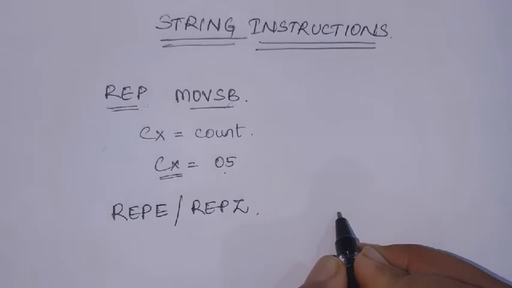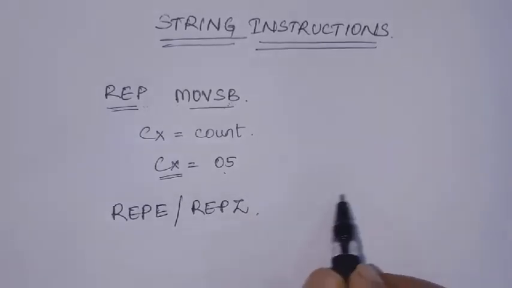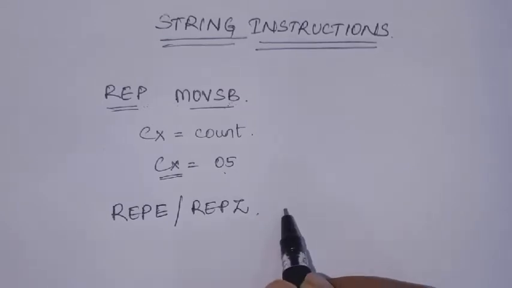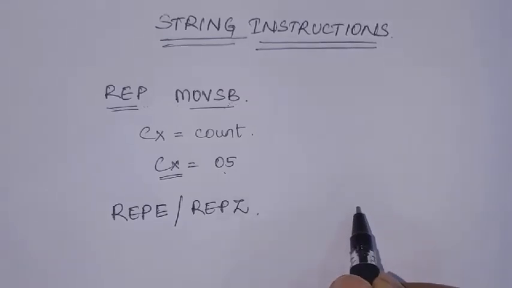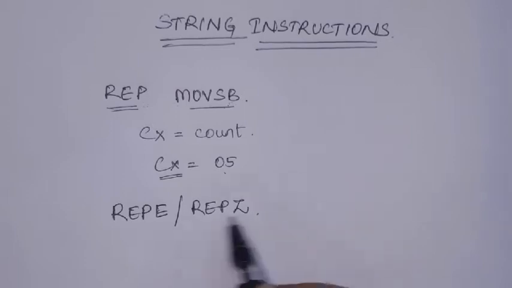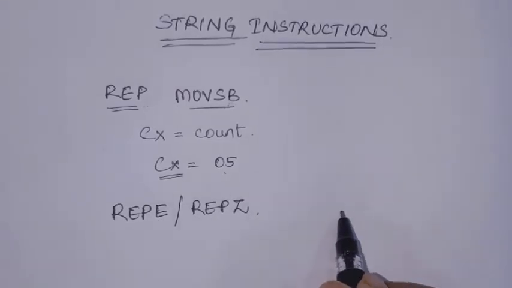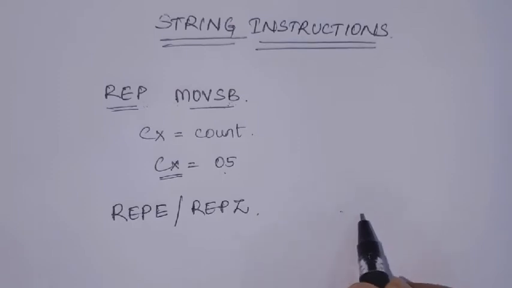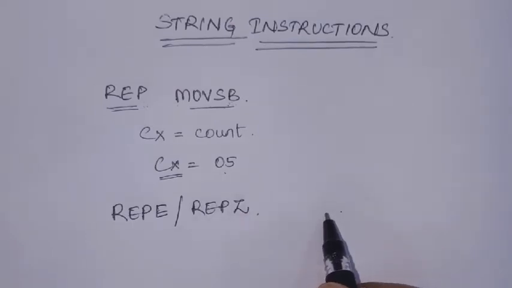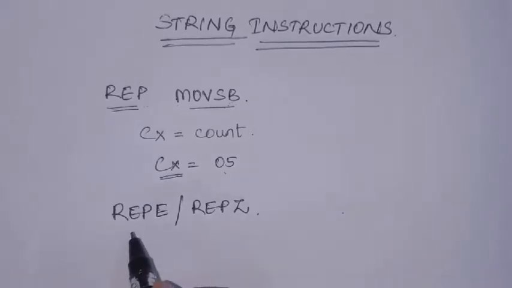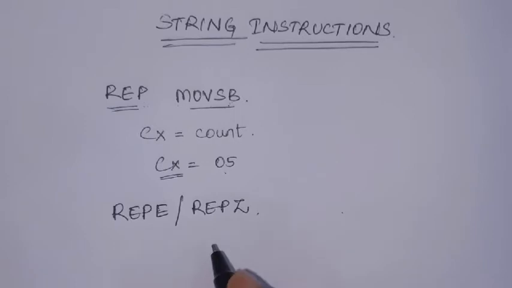When two bytes are compared, if they are equal, then the instruction is executed repeatedly. The source byte is compared with the destination byte. When they are equal, repeat the instruction. If they are not equal, then come out of the loop. It's like a loop instruction because it checks the contents of the CX register. Here also CX must be loaded with some count.